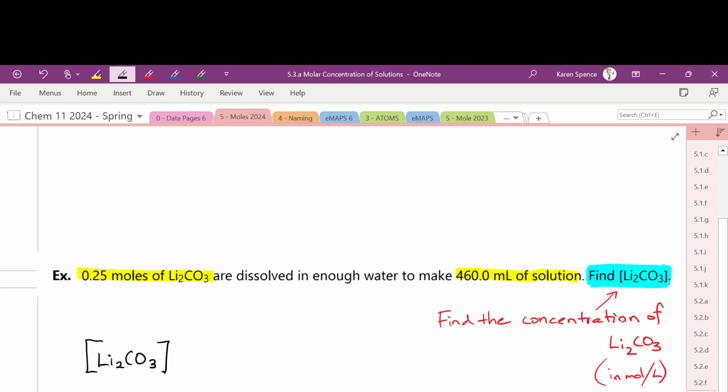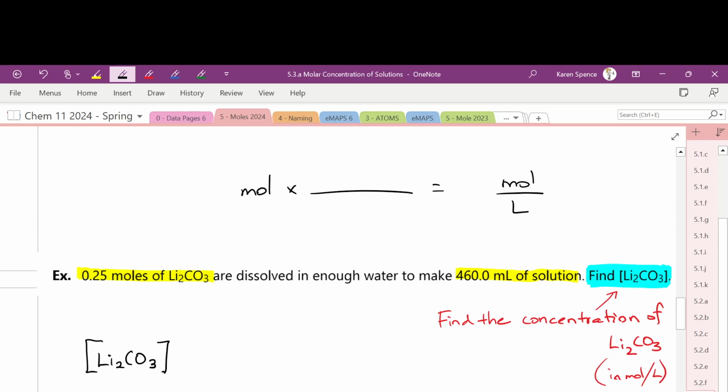Can I convert moles into moles per liter? Is it possible to do a unit conversion where I start with moles and end up with moles per liter? No, I cannot convert.